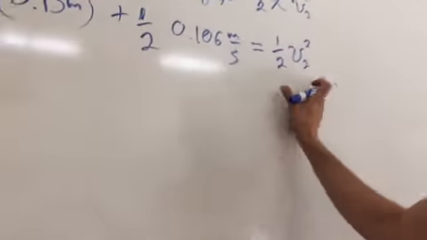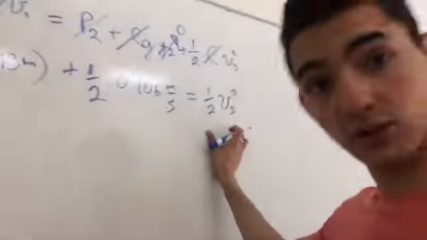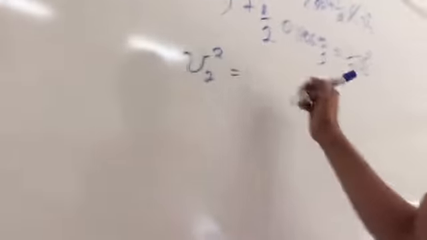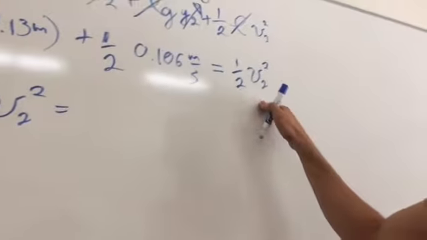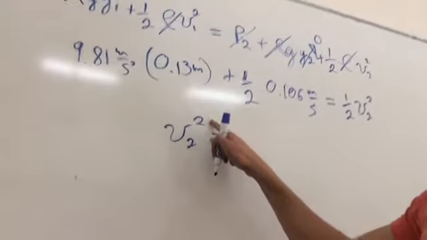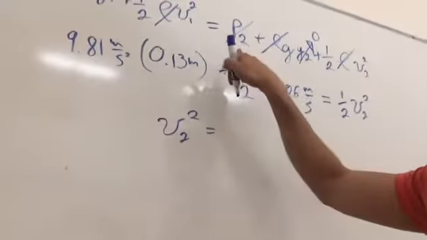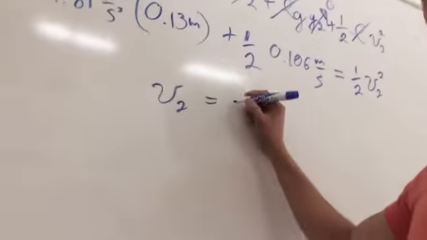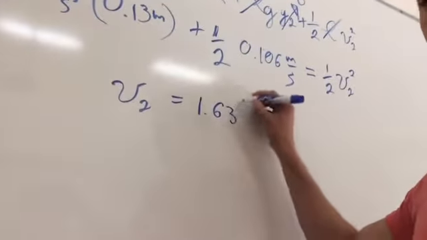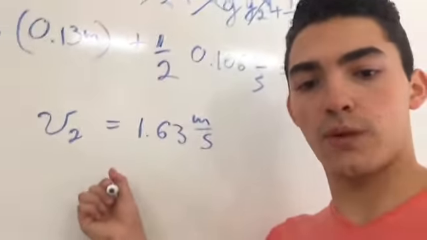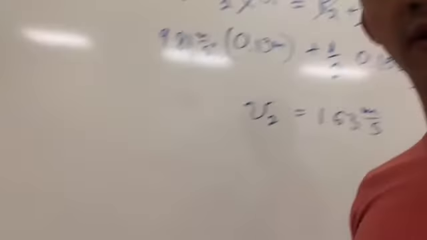As we take out the velocity 2 of the equation, the only thing we have to do is this 2, we pass it over here multiplying, and the 2 here that is squared, we create a square root, and the result of the velocity 2 will be 1.63 meters per second.